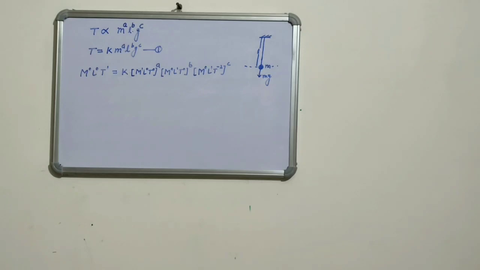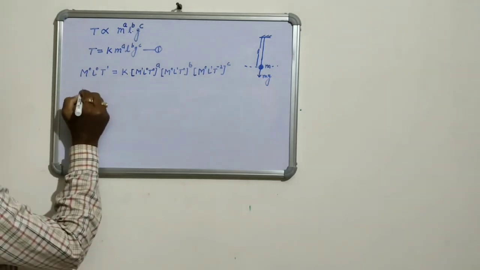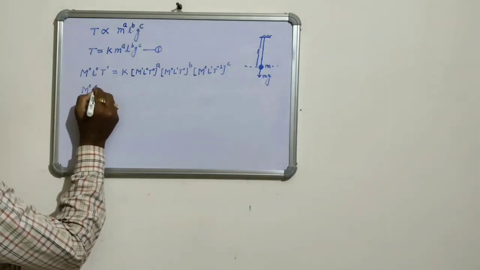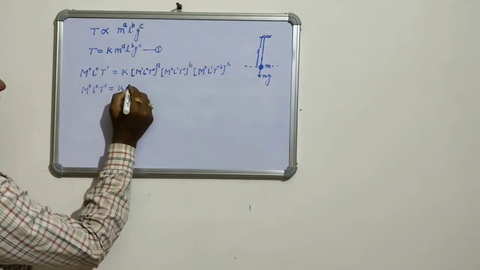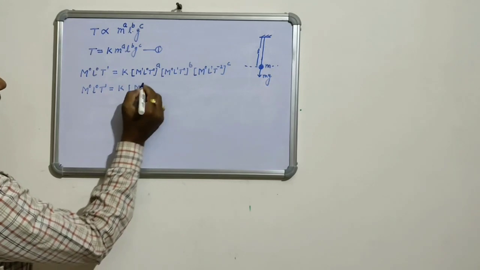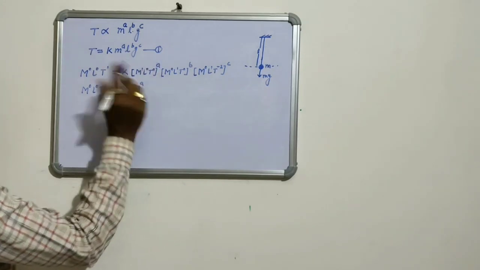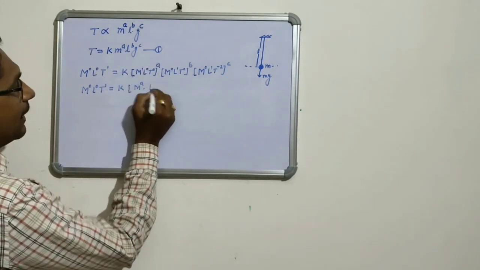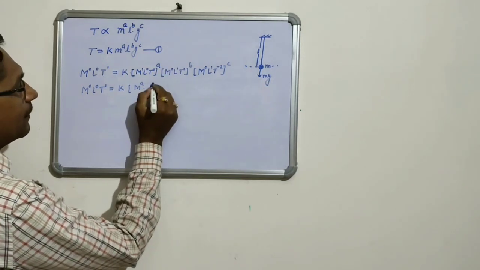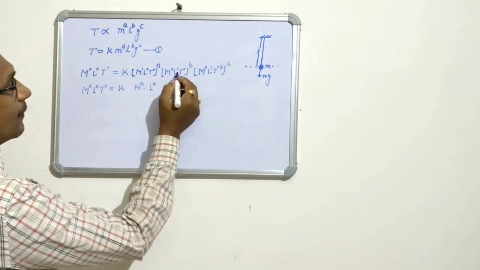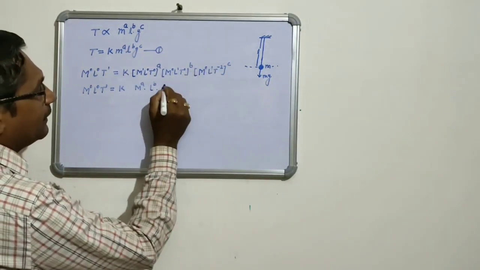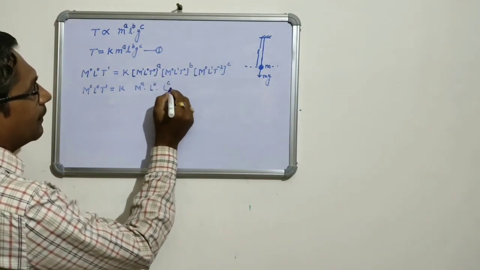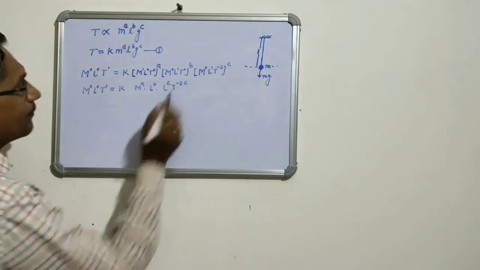After solving them, M^0 L^0 T^1 equals k M^a, and this L^0. Now solve this, L^b. Now in this case, L^c, T^-2c.